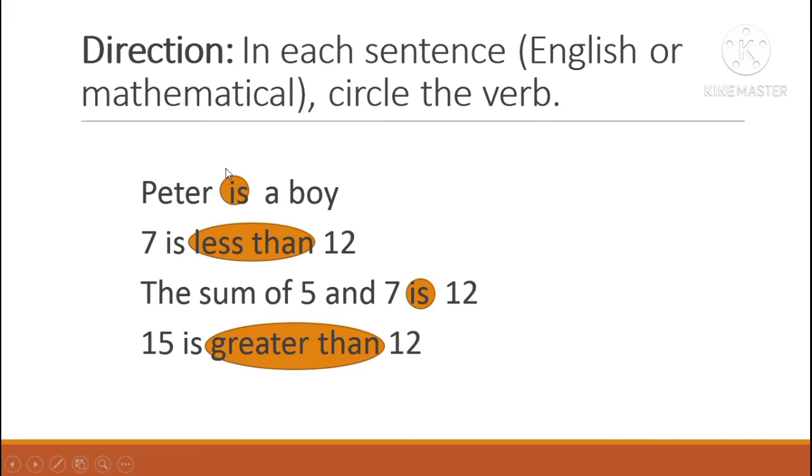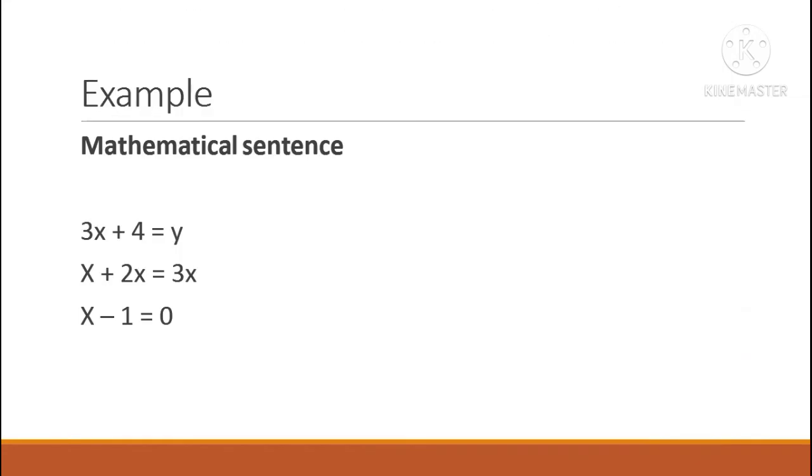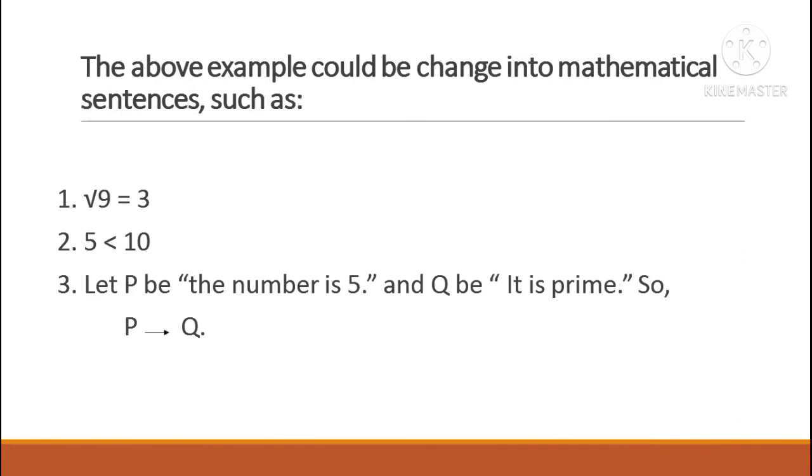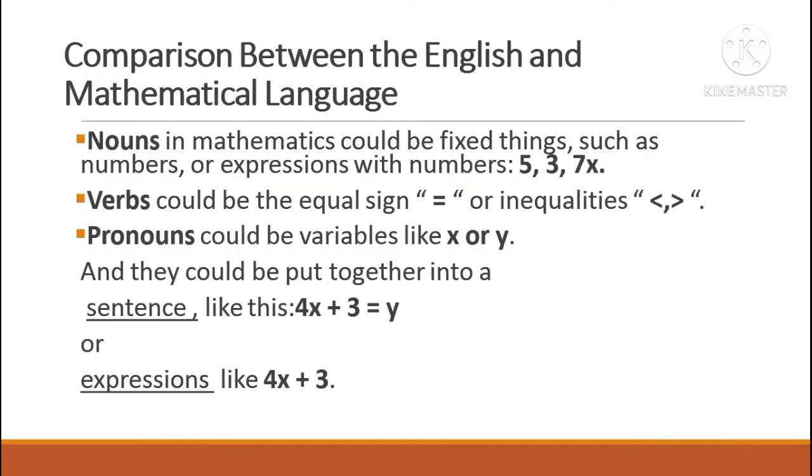Let us go back to our previous topic about the verb. Our verb, class, could be the equal sign or inequalities. Our inequalities are less than, greater than, not equal, greater than or equal, or less than or equal.